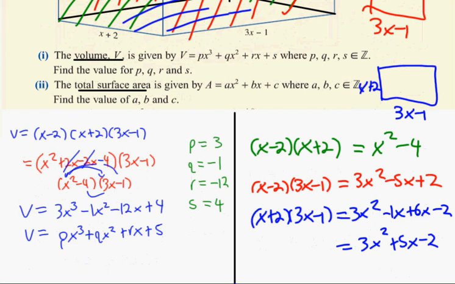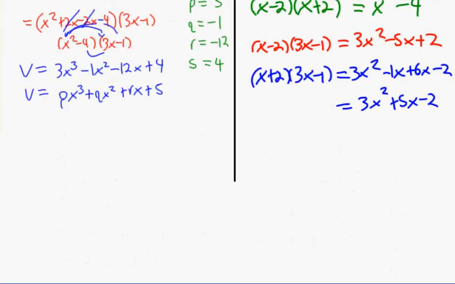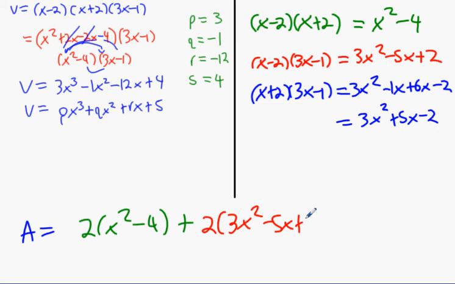So 2 times the red, 2 times the green, plus 2 times the blue will give me the full surface area. So area equals 2 times green plus 2 times red plus 2 times blue.